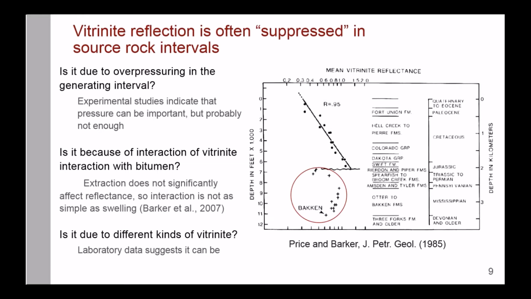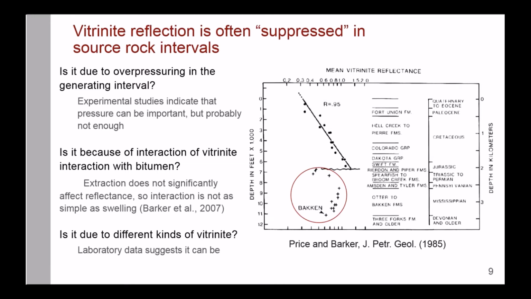However, that does not mean that the vitrinite and the oil components may not have reacted prior, either in diagenesis or in the early stages of metagenesis. So you can't completely discount this, at least from the data that I've seen.